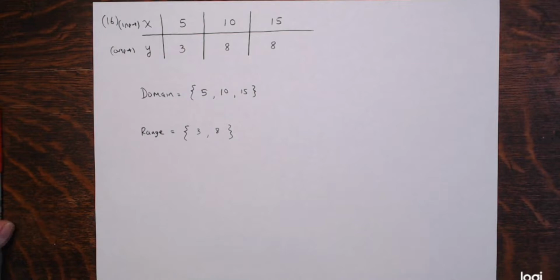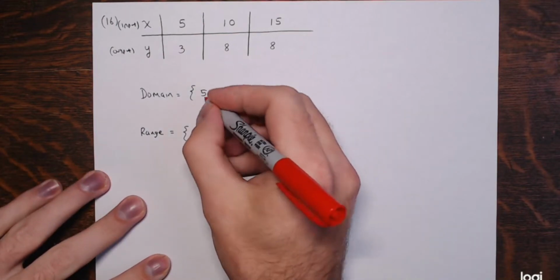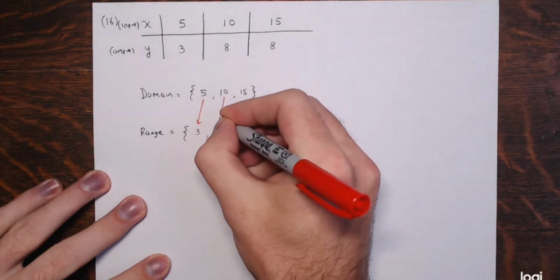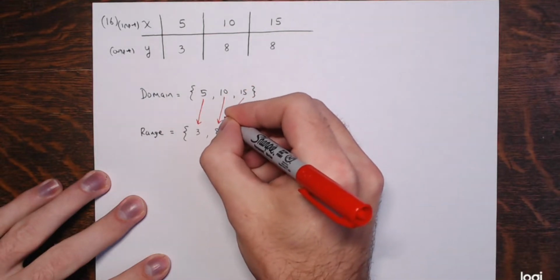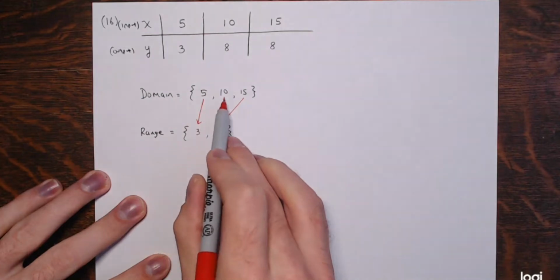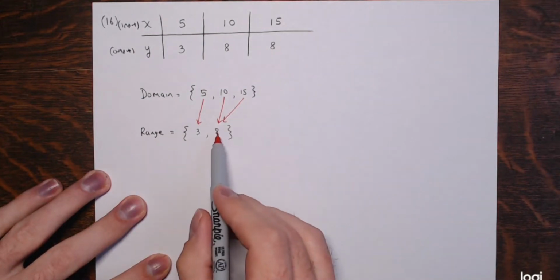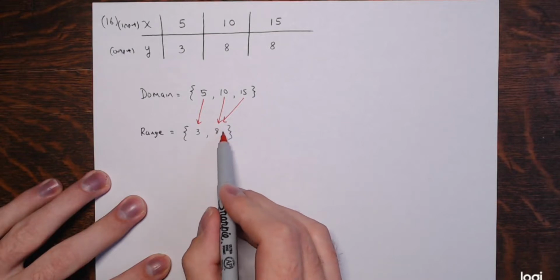And then this is one where I could do the arrow diagram thing again. 5 corresponds to 3, 10 paired with 8, 15 also paired with 8. But you see how every value of the domain has just one arrow coming off of it. This doesn't matter. A lot of people look at the 8 and say, hey, there's 2 arrows coming in, so this isn't a function.